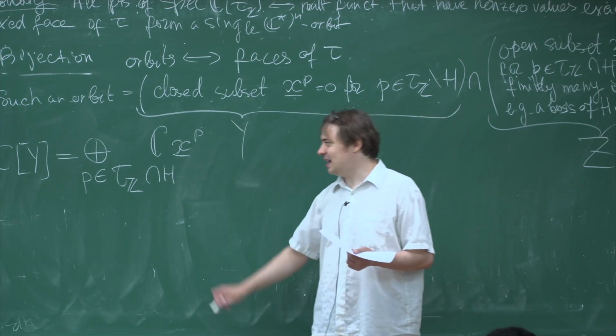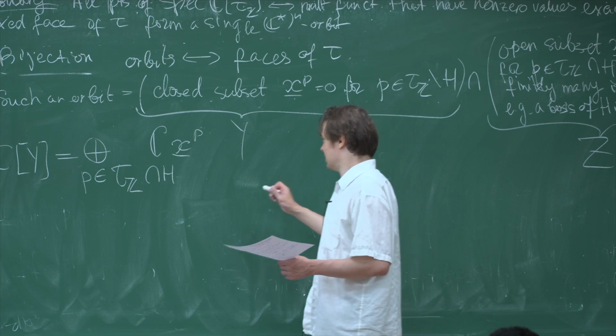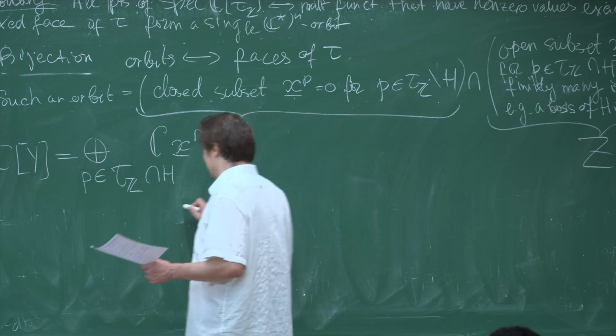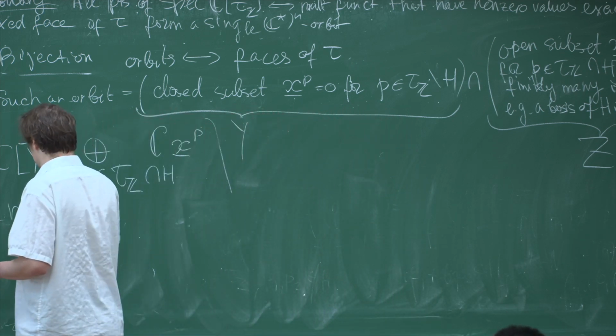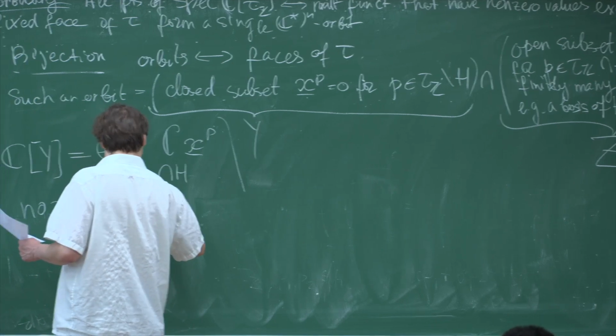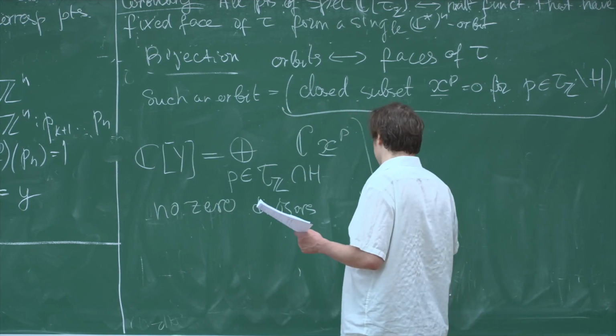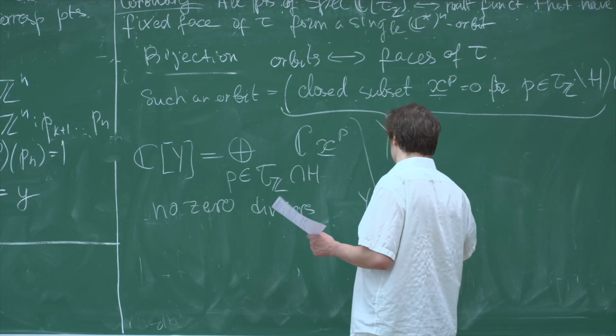So this algebra, as a subalgebra of the original algebra of functions on the variety, does not have zero divisors, meaning that this y is irreducible.